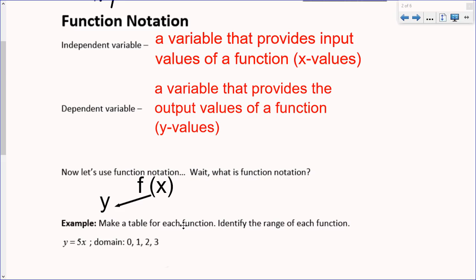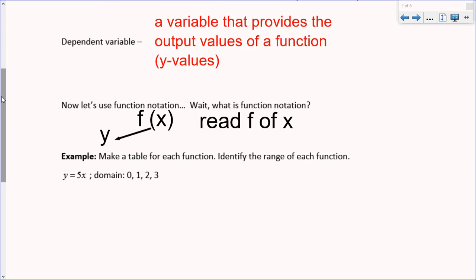Whenever you see f of x, it's telling you this is what you're going to get when you put this specific x into the function. Okay, and we read it as f of x. You can replace it with the y if that's easier for you. That's totally fine, but you just need to be aware that when you see f of x, they're talking about the y, and when you see just a normal x, they're talking about the x value.